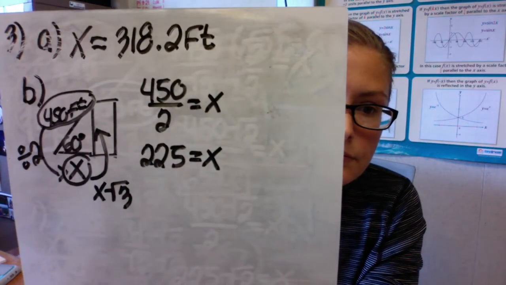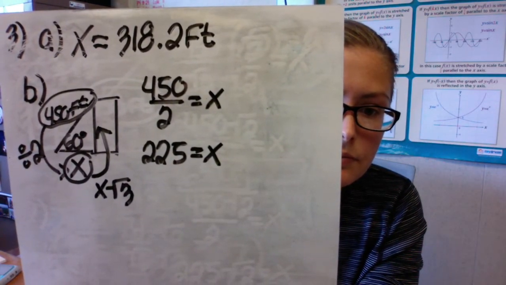So now we need to go from that bottom side to the building length. So we need to multiply by radical 3. So 225 times radical 3 is going to equal y.